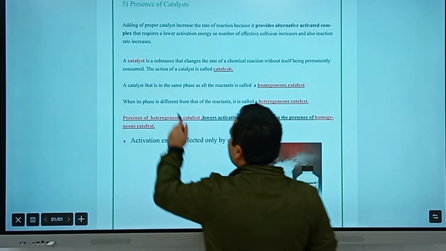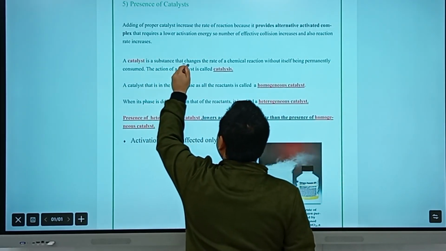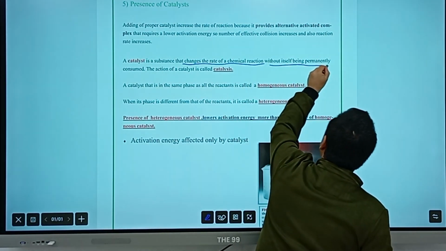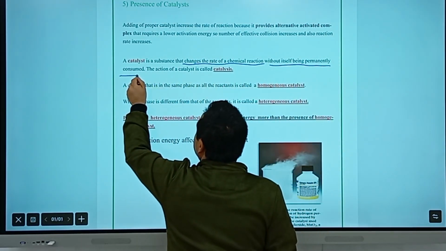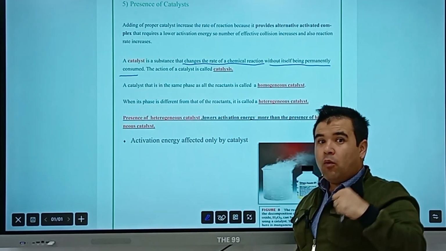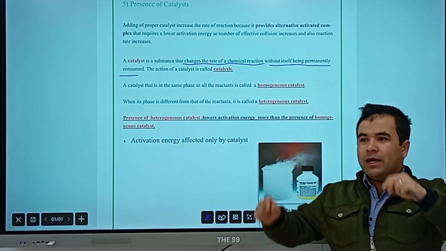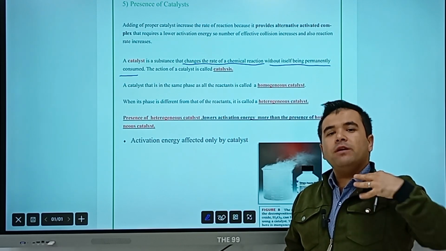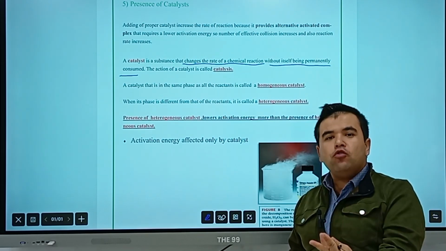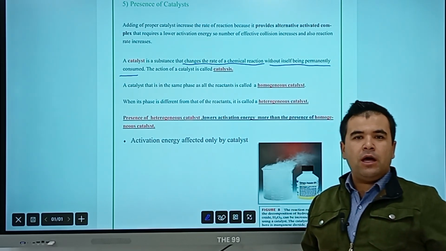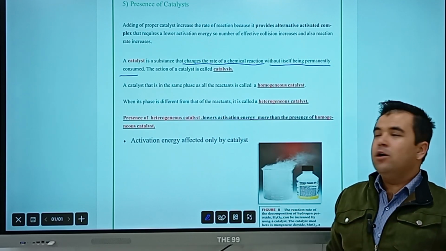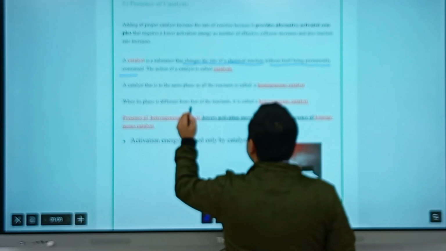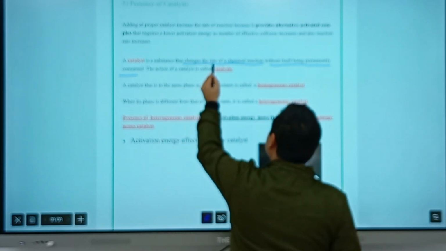A catalyst is a substance that changes the rate of a chemical reaction without itself being permanently consumed. So what is the working mechanism of a catalyst? It increases the reaction rate, but itself is not used or consumed permanently in the reaction.